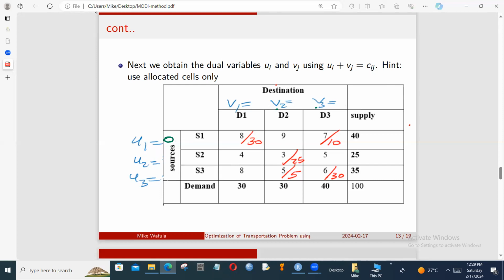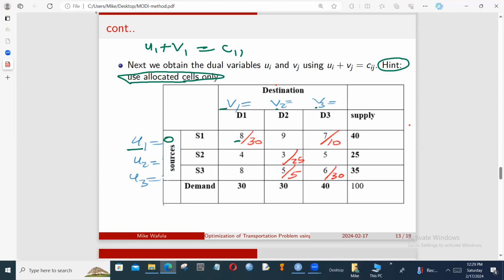Now, if I've assigned U1 a constant like I've done, to get the rest of the dual variables, I've given you a hint here: use only the cells that have units allocated. Only the allocated cells will help you determine the rest of the dual variables. We have said U1 plus V1 should give us C11, which is 8.